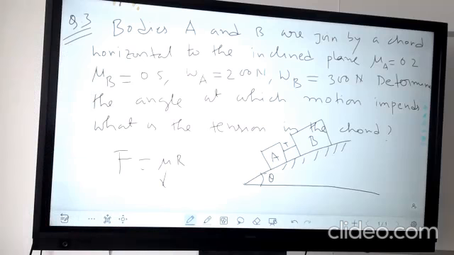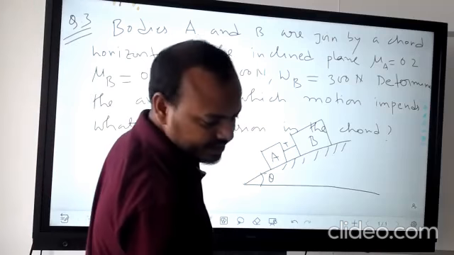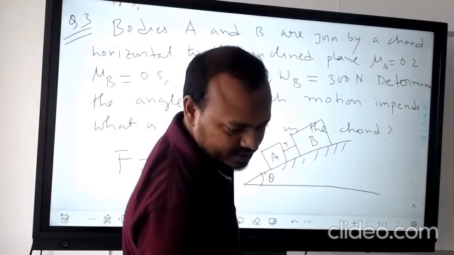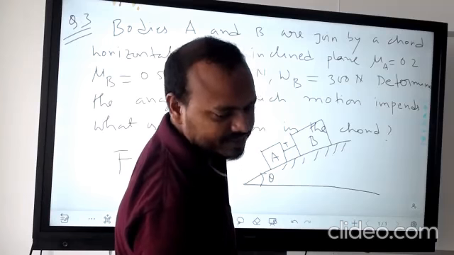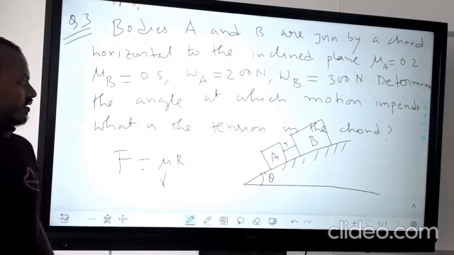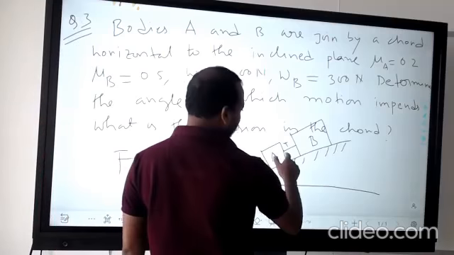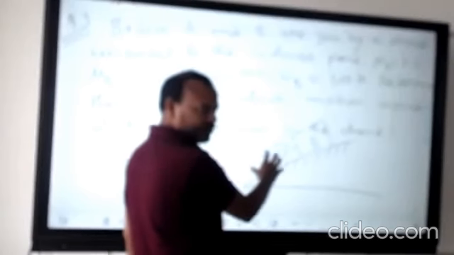Solve it, right. Same concept, last class we have discussed. The problem is different. Last class we solved it with only one body. That problem was solved. Three bodies is easier. That is inclined, na?